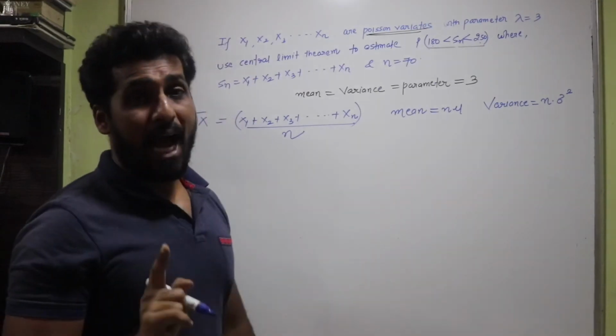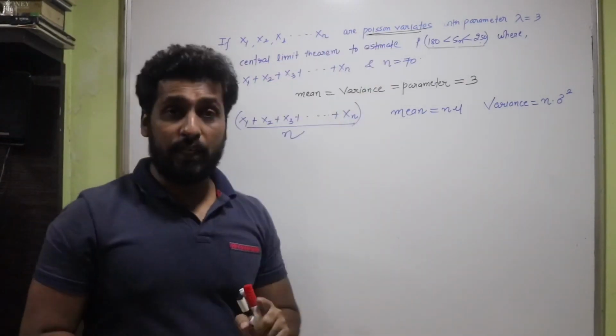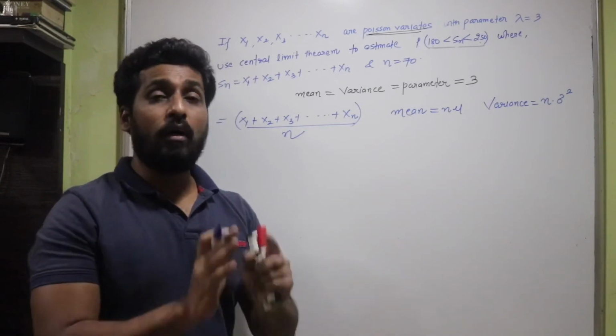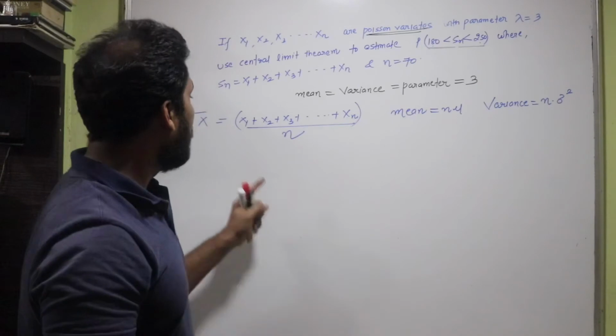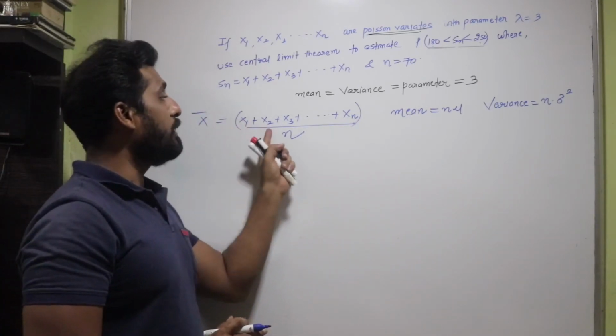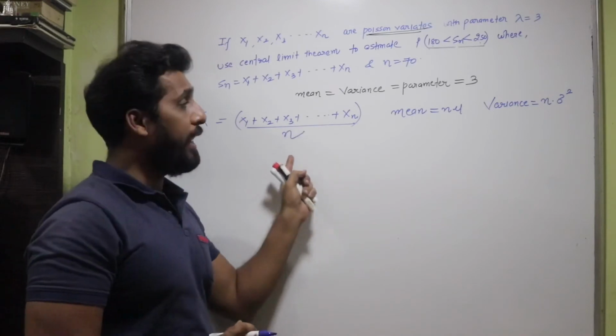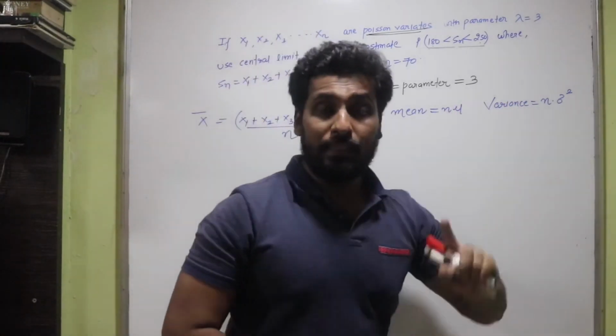So this point has to be remembered. Whenever you get a question where Poisson variates are involved, you should make use of the Lindeberg-Levy theorem straight away. It states that the normal variant x bar is equal to x1 plus x2 and so on up to xn divided by n. The mean is given by n mu and the variance is given by n into sigma square.